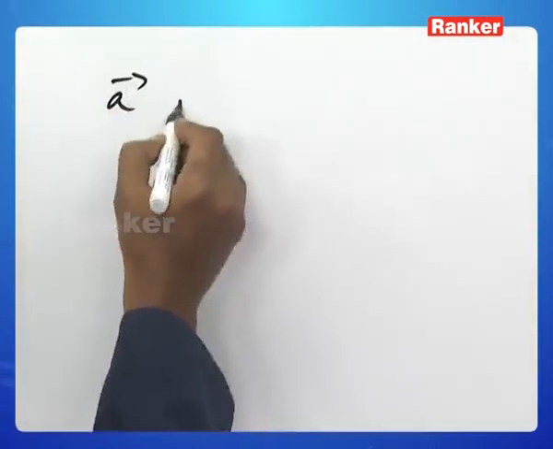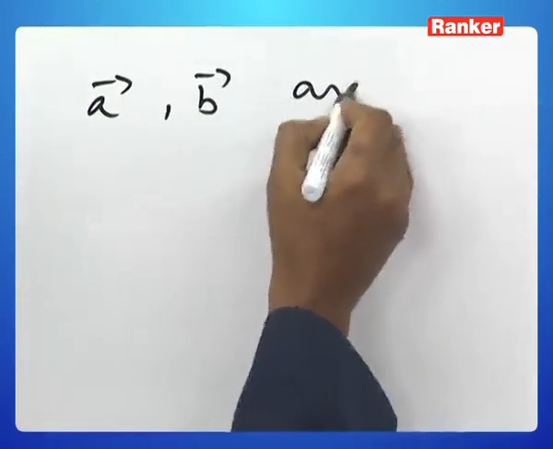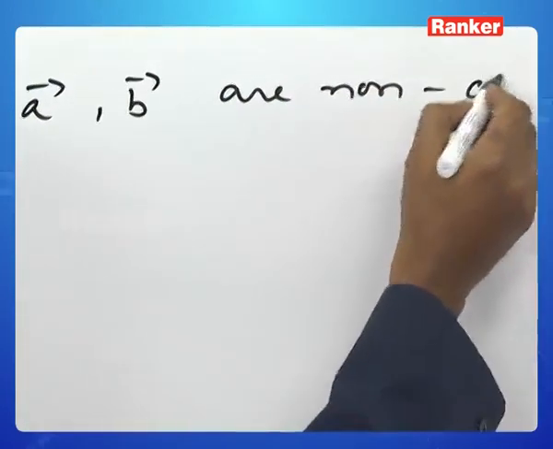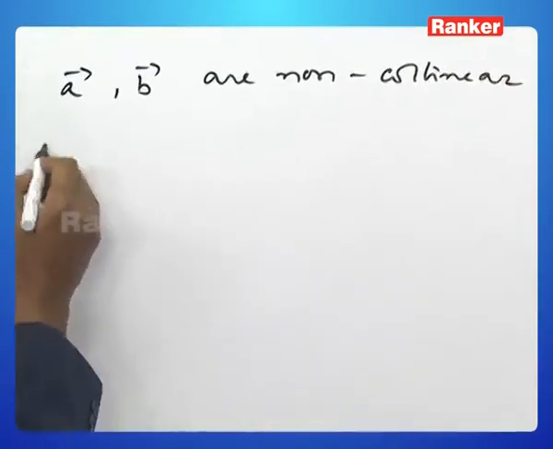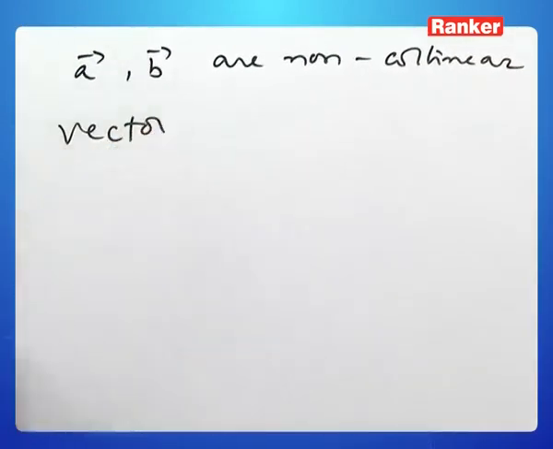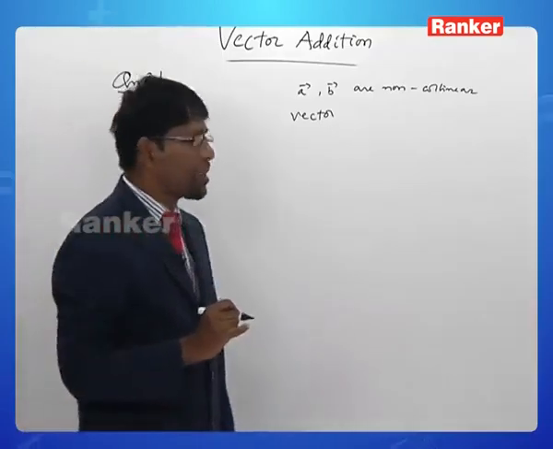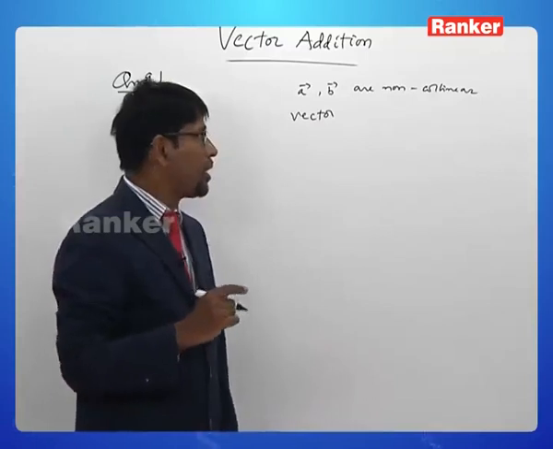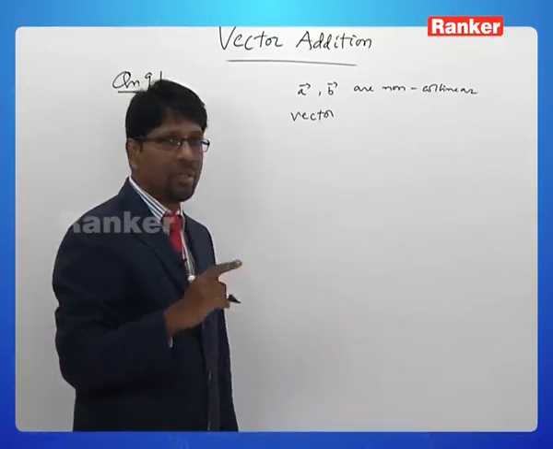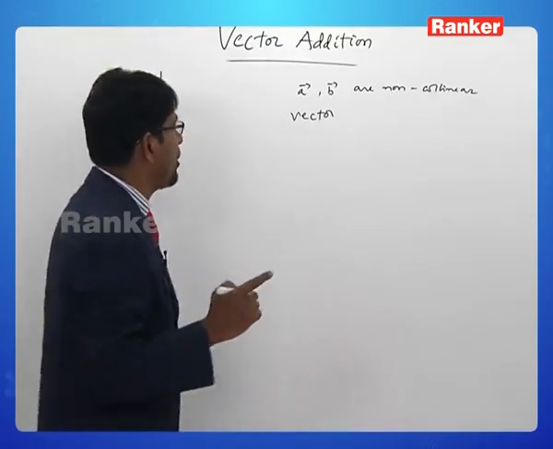Now a bar and b bar are non-collinear vectors. That means they're non-parallel. None of these vectors can be expressed as a linear combination of the other vector. That is, you can't express b bar as lambda times a bar or a bar as lambda times b bar.